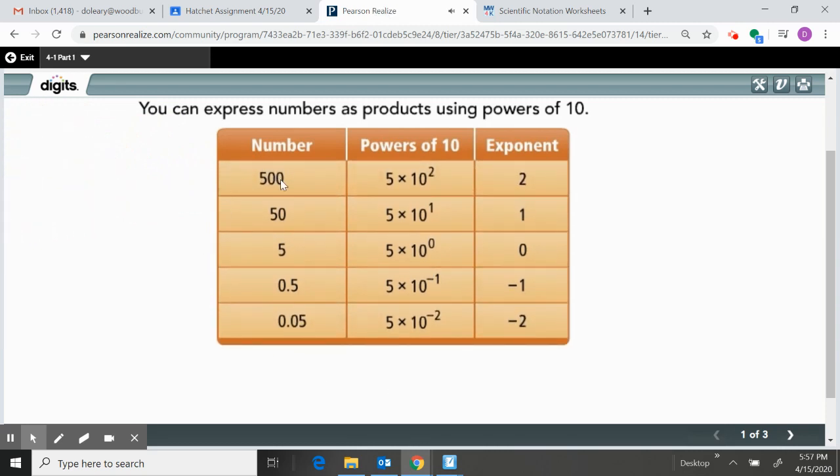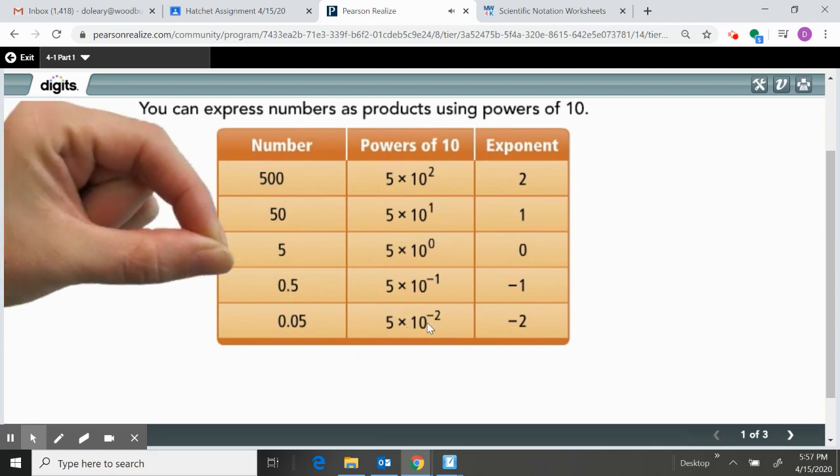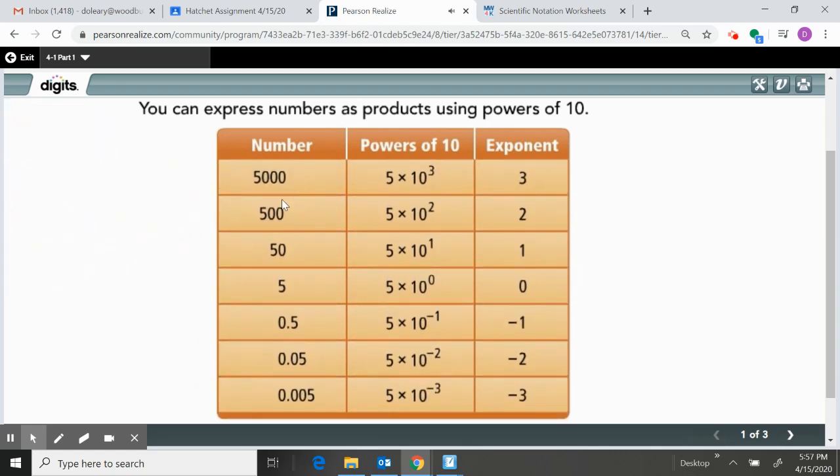The number 500 can be expressed as 5 times 10 to the second power. The number 5/100 can be expressed as 5 times 10 to the negative second power. The number 5,000 can be expressed as 5 times 10 to the third power. The number 5/1000 can be expressed as 5 times 10 to the negative third power.